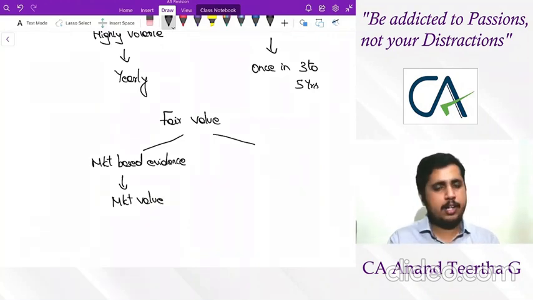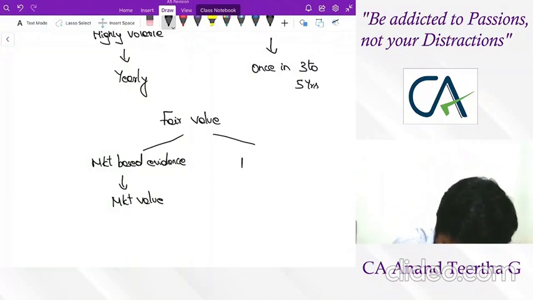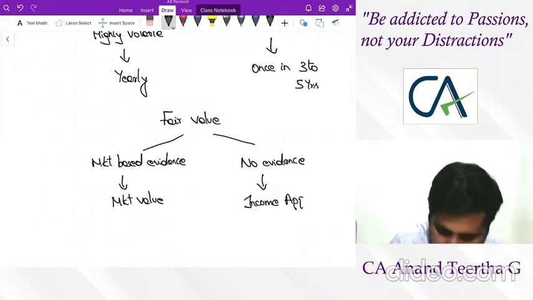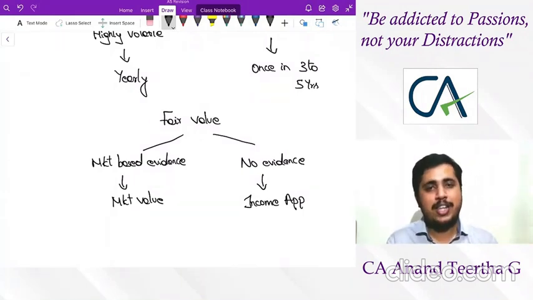If it is tradable in the market, no problem whatsoever, consider the market value itself as fair value. If there is no market based evidence, then consider the income approach, discounted cash flow, or any other similar methodology, which we call the income approach. So that's how fair value derivation is supposed to happen.